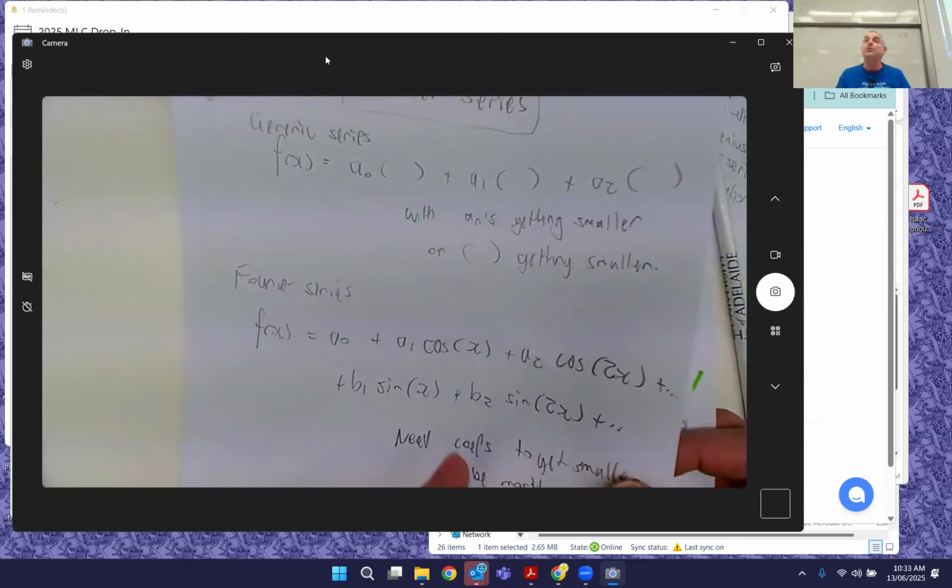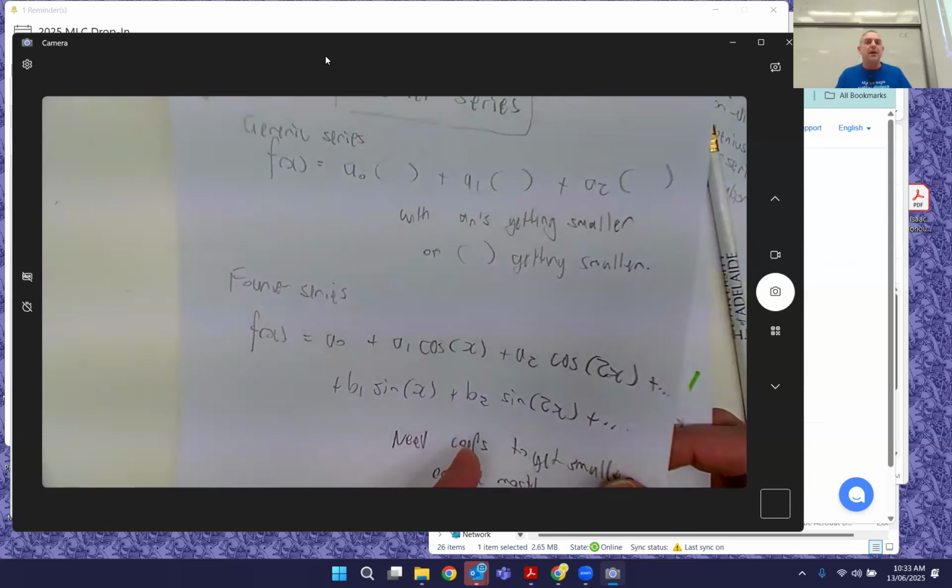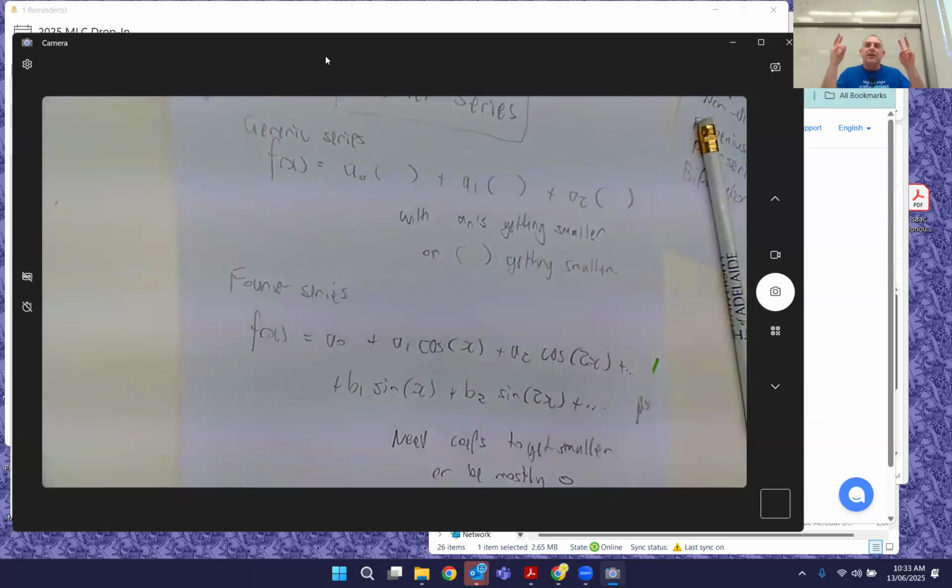It is technically possible to find other collections of functions that are also orthogonal, and we can make fancy Fourier series that aren't trig Fourier series, but are something else. So they do it with, I can't remember what they're called, the ones that are the solutions to one of the differential equations.